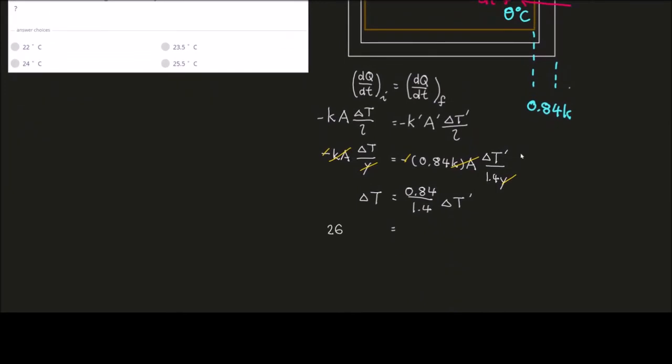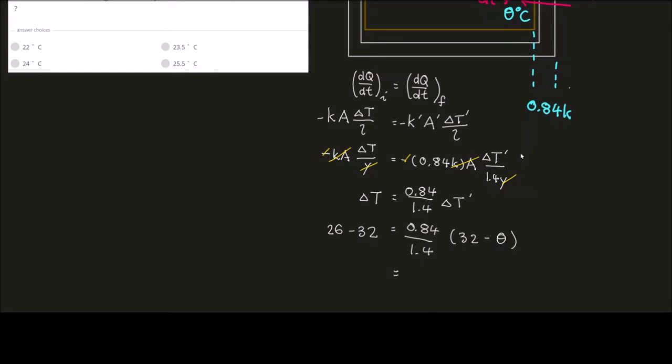Okay, but if you're being very careful, you can change it to Kelvin first, instead of degrees Celsius. Only you do the difference in temperature, you still get the same answer. So I just keep it in degrees Celsius. So 0.84, 1.4, then you have 32 minus the new temperature inside the room is theta.